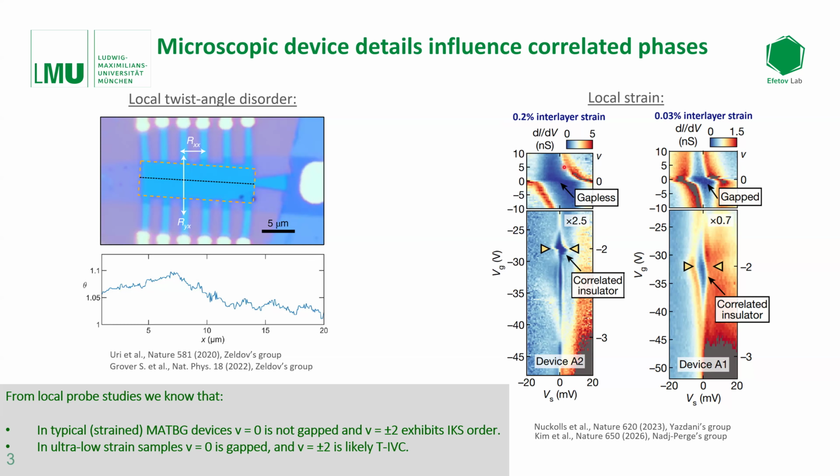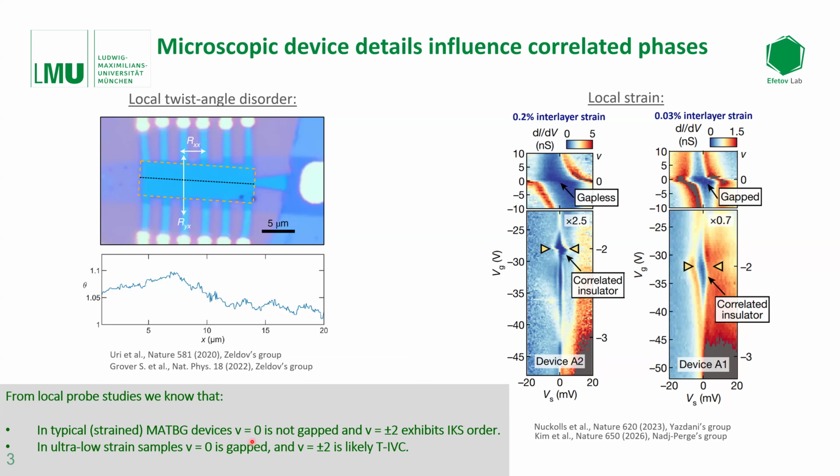For example, the charge neutrality point in strained devices usually was absent. However, in some of the most homogeneous strain-free devices, they saw a gap also developing at charge neutrality. So to summarize this a little bit, the phase diagram of twisted graphene seems to be dependent on the details of the devices, and in particular, something like strain can tip the balance of the ground states a little bit in one or the other direction.